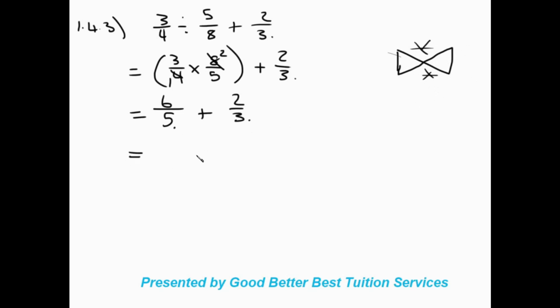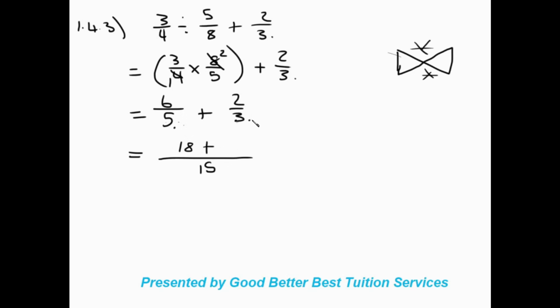So now it's just a basic addition of fractions. So the lowest common denominator here is going to be 15, between 5 and 3. So then we say 15 divided by 5 gives me 3, times 6 gives me 18.